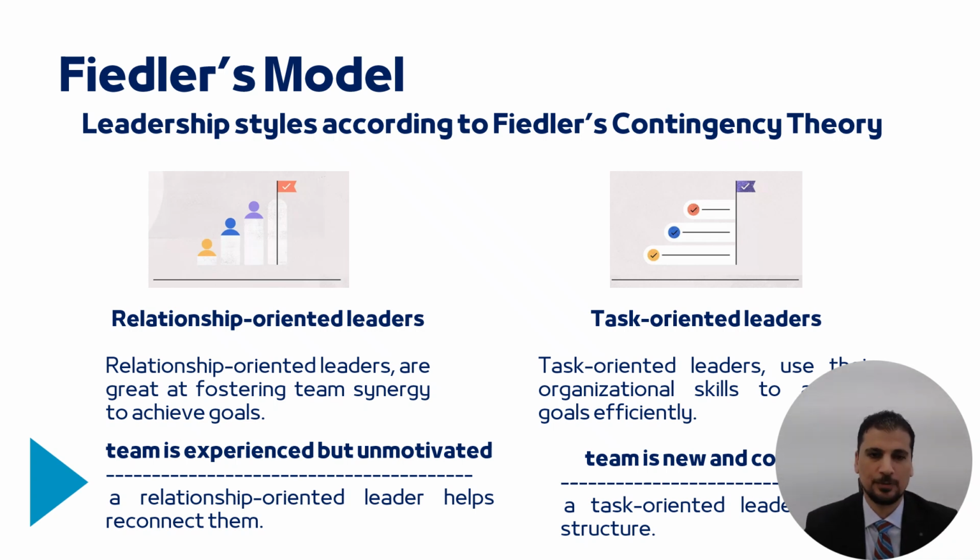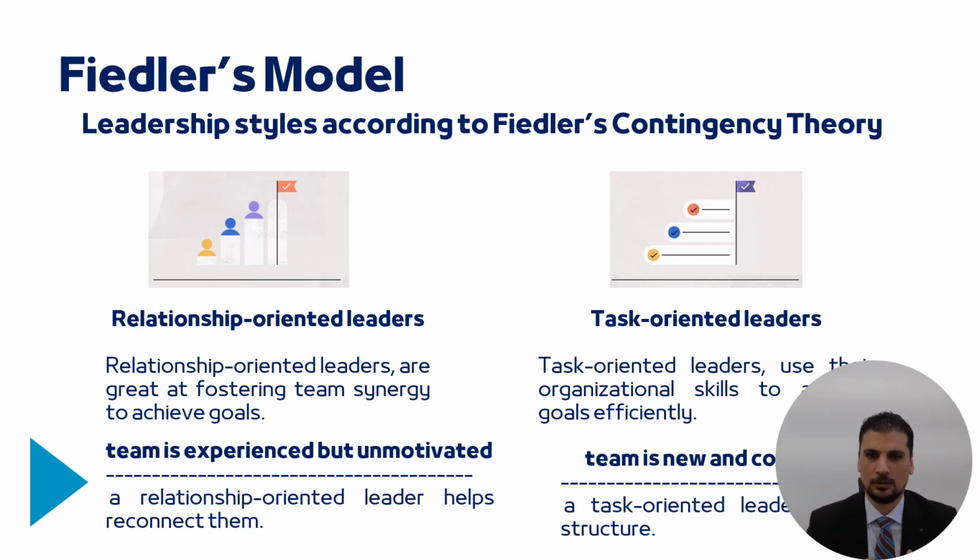However, with experienced teams that need motivation or reconnection, we can shift to a relationship-oriented style, focusing on building trust, support and collaboration. The same leader adjusts his or her approach to fit the situation. This is effective leadership in practice.